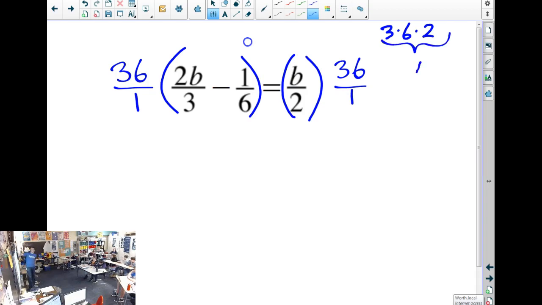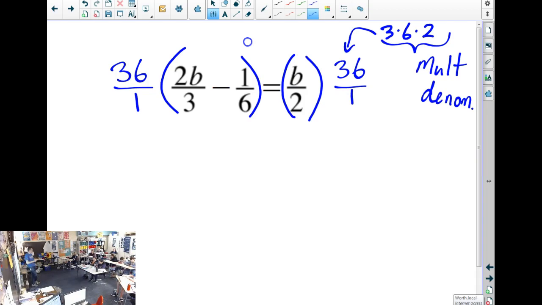So essentially you could make a note in your notes that you multiply the denominators, and that's how you decide what to multiply by. We're multiplying by all of the denominators. And we can do it all together. Any questions on how I got my 36?